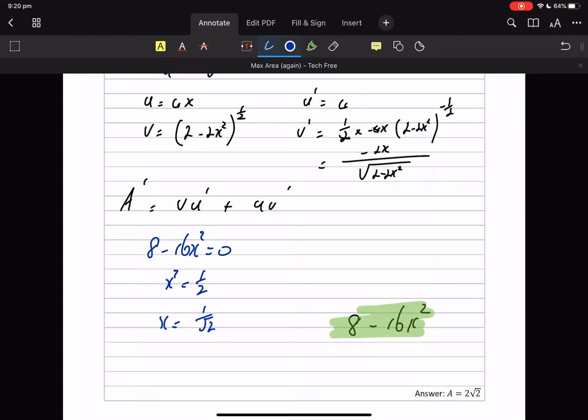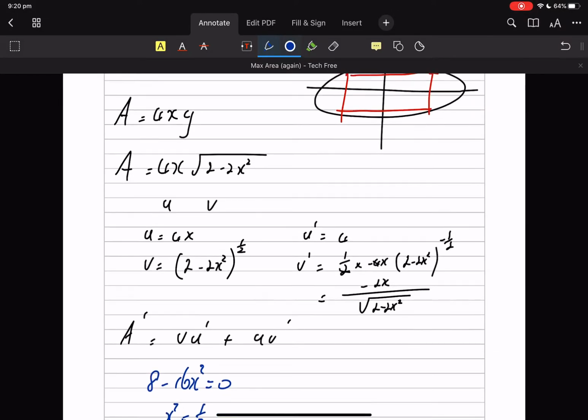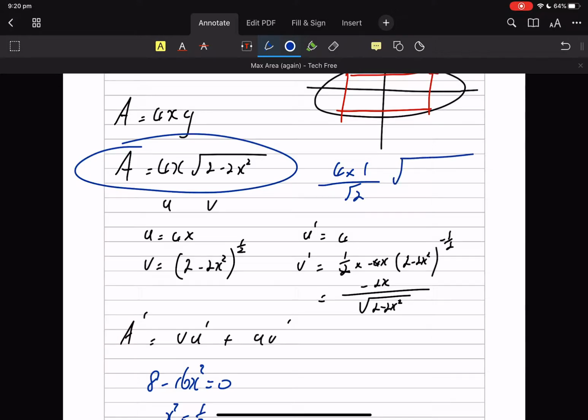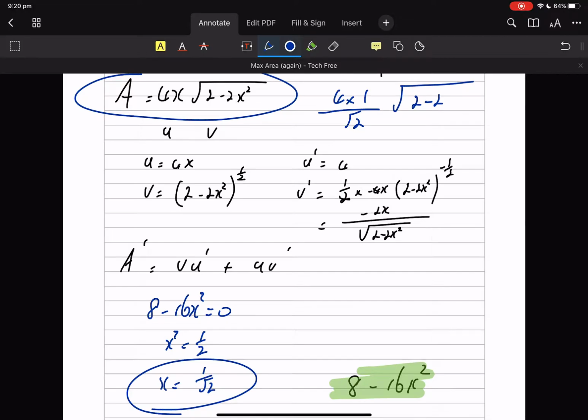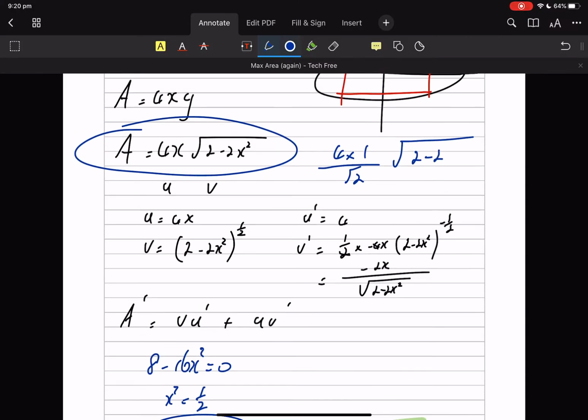So the question asks for the maximum area. So the area happens where x is 1 on root 2. And there's my area function there. So I'm going to go 4 times 1 on root 2 multiplied by the square root of 2 minus 2 times x squared. Well, if x is 1 on root 2, then x squared is a half.